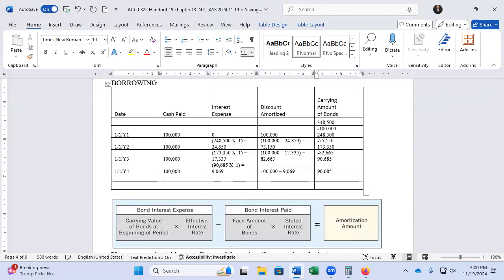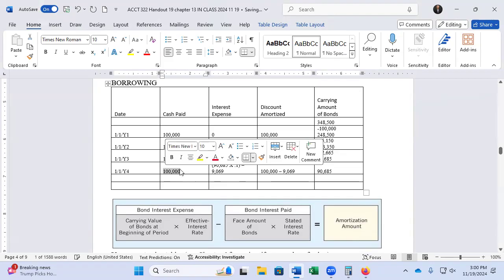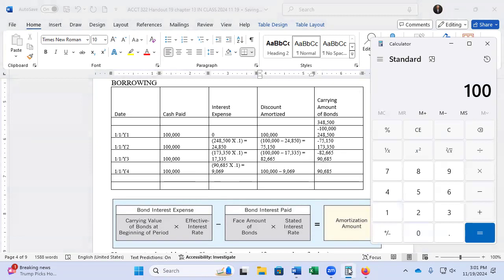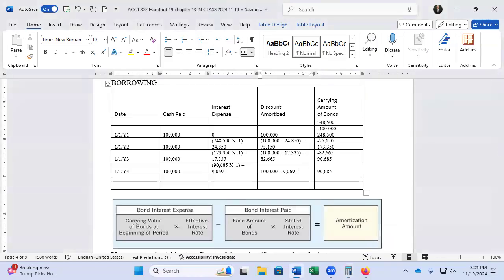And we should end up with 90,685. And what we do is we would adjust this payment for a few dollars down to get this exact number. And so we would just take that and make a payment of 99,754.